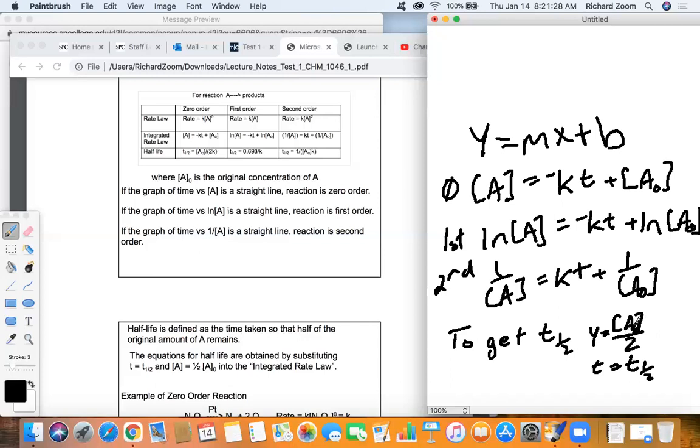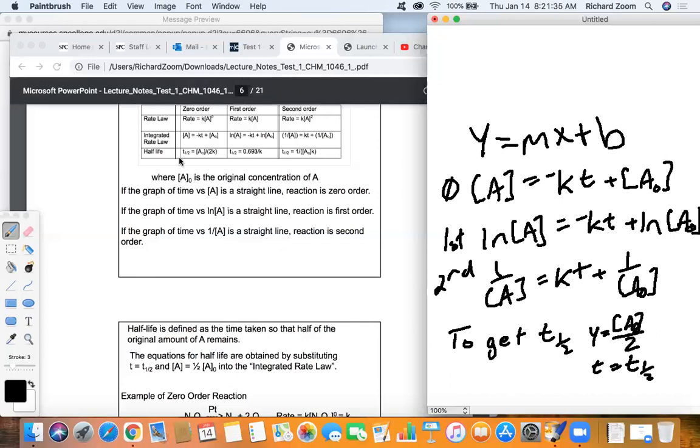So A0, if you should remember, is the initial amount of material, and half of that would be A0 divided by 2. So that's how these half-life equations are obtained.